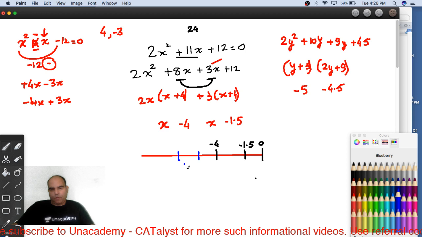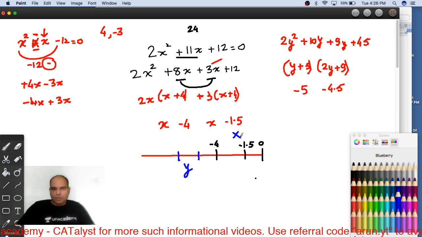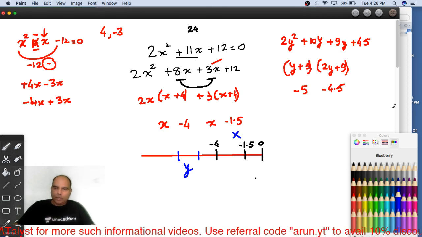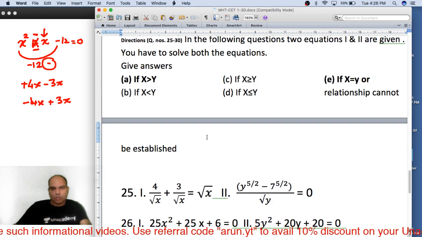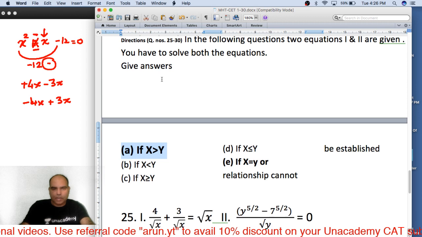So whatever you do, y is still to the left of x in all cases. And in this situation, again x is greater than y. So option A becomes the right answer because x is greater than y again here. That's again the right answer here.